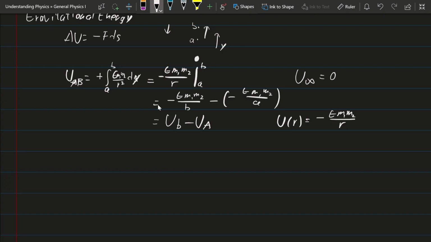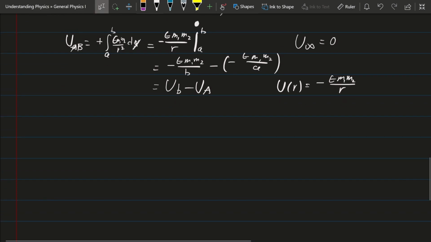So, using this idea, we could now define what we call the escape velocity, which is the amount of velocity needed for you to escape from the gravity. We will use the definition of energy first.